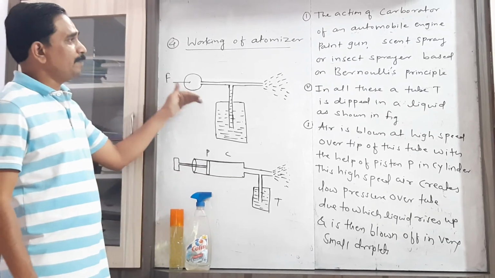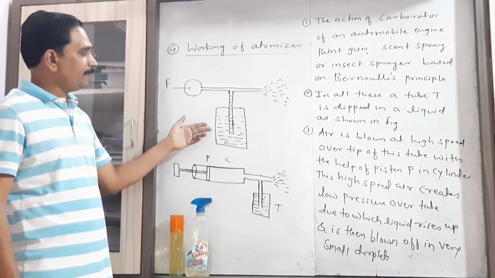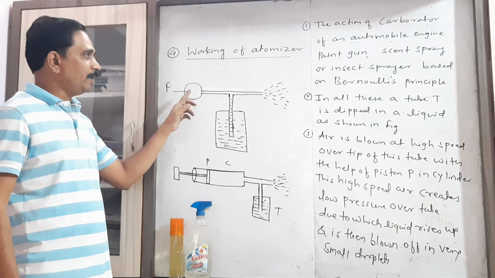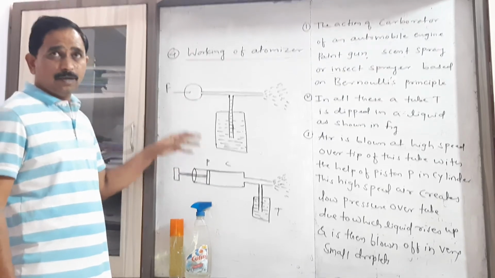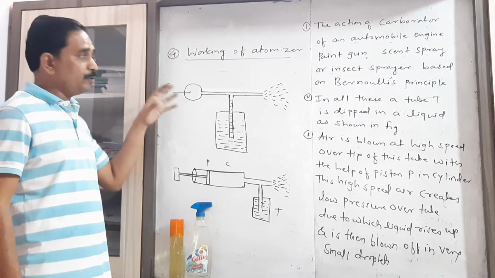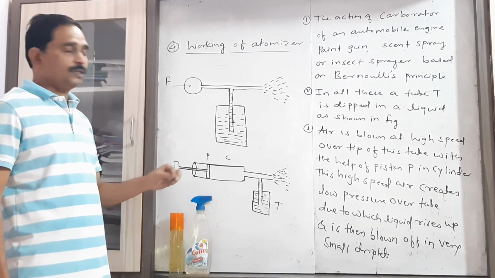So this is the simple application of working of atomizer, which is made up of a liquid tank along with this tube and one part of that atomizer from where we have to apply the force just to produce air with a high pressure.